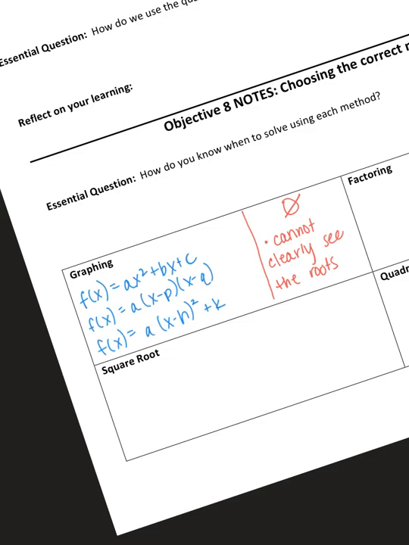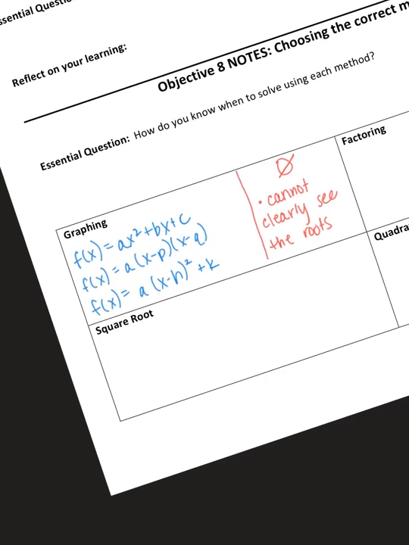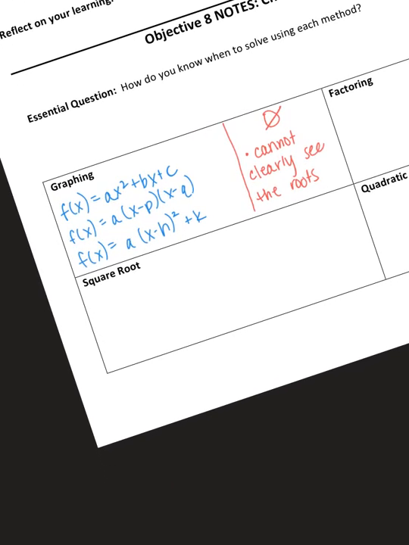For square rooting, you can use the square root method anytime you do not have a linear term. Okay, so I'm going to start with what you can't have. So in a square root, you cannot have a function with a linear term. So no linear term in the function.